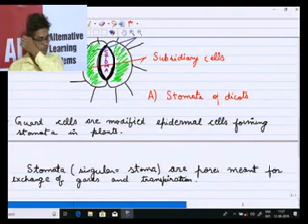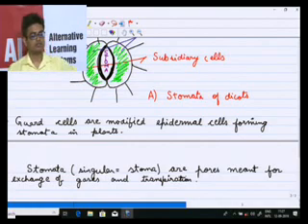These are the pores that are meant for exchange of gases and transpiration. So this is the stomata of dicots.